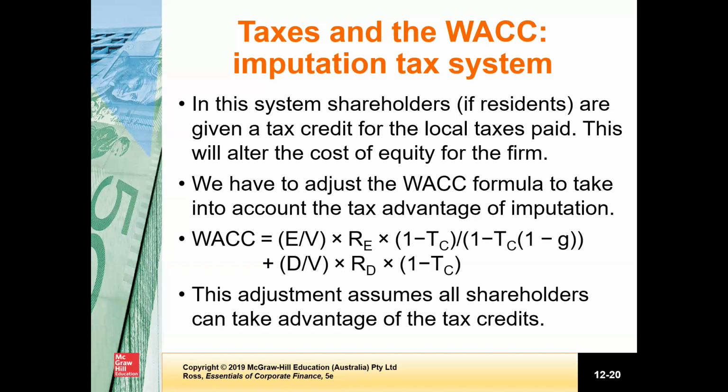However, not all shareholders are resident for Australia and New Zealand and therefore cannot take advantage of franking credit. So it has been said that the value of the franking credit to the shareholder should be equal to a factor, gamma, which is equal to 0 when the franking credit doesn't have any value to the shareholder.